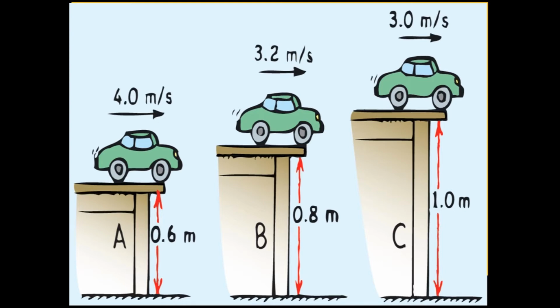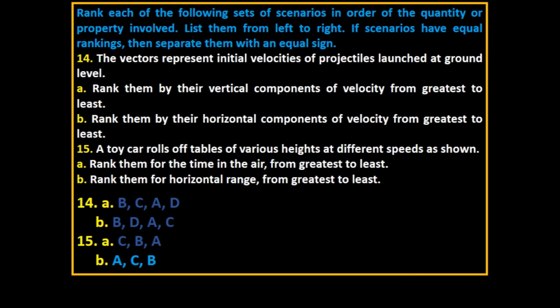So here you have root d over 5 equals t, and then t times 3, t times 3.2, and t times 4. Now remember, the t is going to be different in each one. So the largest t will be C and the smallest t will be A. And you get ACB as the answer to 15B.